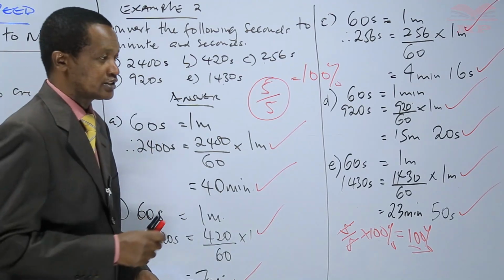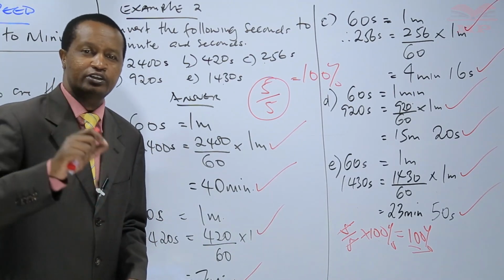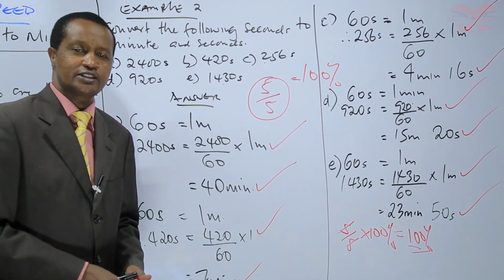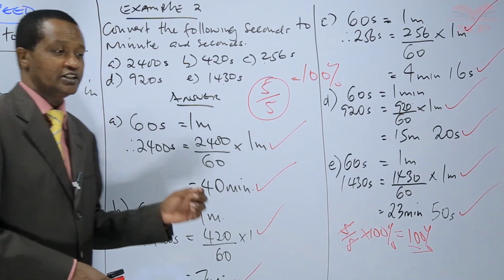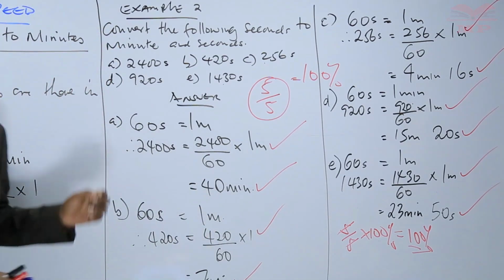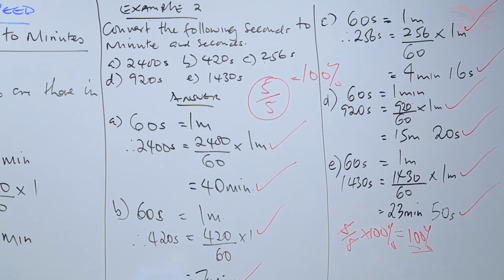You need to exercise. At the end of every lesson, I give you exercises. Even this lesson, before we close, I'm sending you to your Pupils' Book. I want you to go to page number 97. We have been converting seconds to minutes.